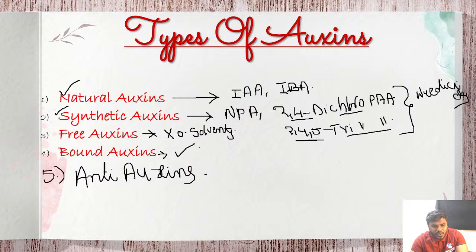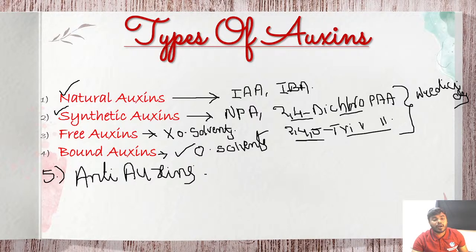If we want to isolate a bound auxin, we have to use powerful organic solvents like acetone, ethanol, carbon tetrachloride, chloroform, all these. Now if you ask me for examples of bound auxin, what I can tell, friends, is that a bound auxin may be a natural auxin also, and a bound auxin may be a synthetic auxin also. It may be anything, my friends.